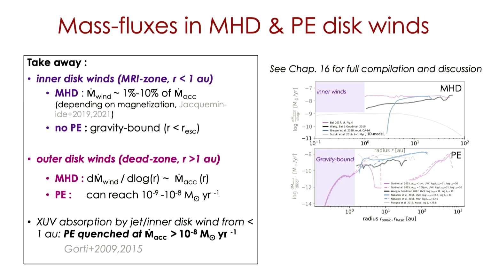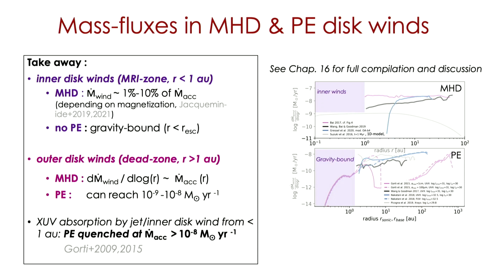For the inner winds from the inner AU, for the MHD ones, which are not plotted here, the MRI-driven winds predict a few percent of Mdot accretion for the MHD disk winds, depending on magnetization. And there are no photoevaporative winds because they are gravity bound. And this is what you see here in this curve. Basically, the mass flux plummets to 0.